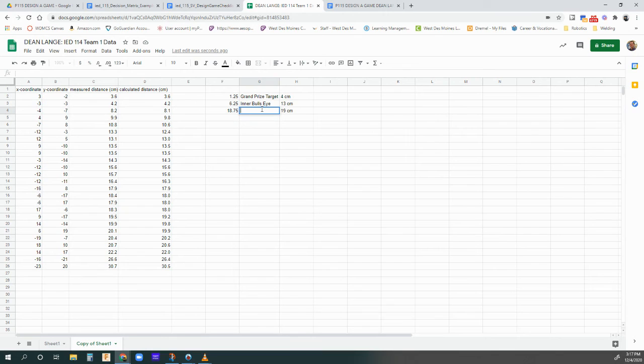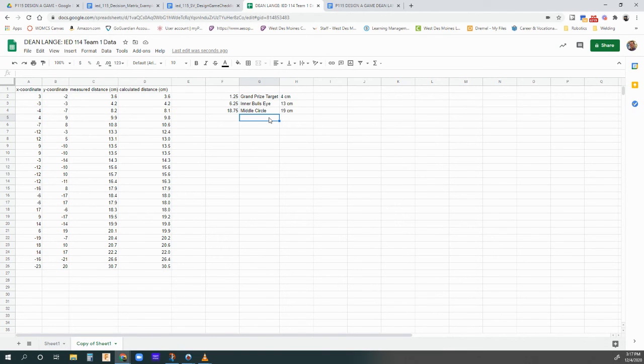Probably should call it the middle bullseye, middle circle. All right. And anything outside of that is going to be whatever's left.